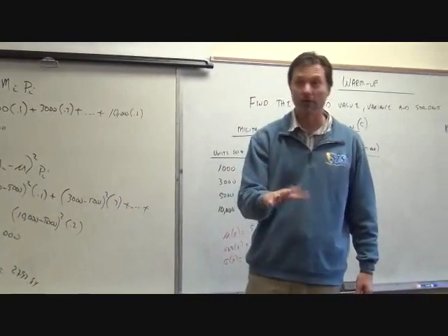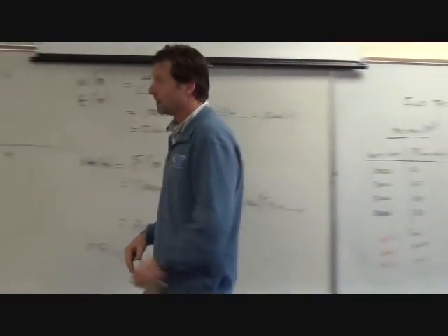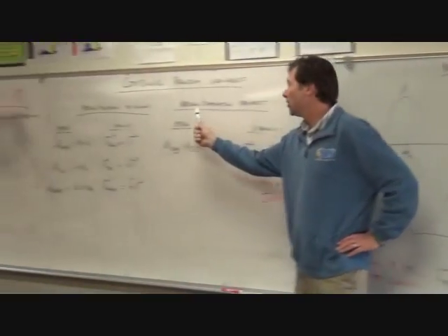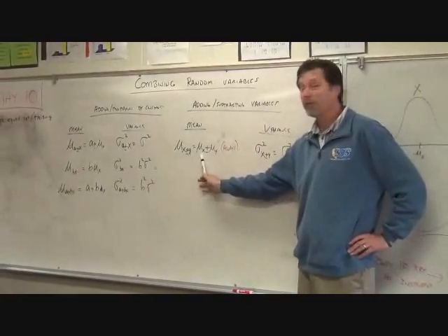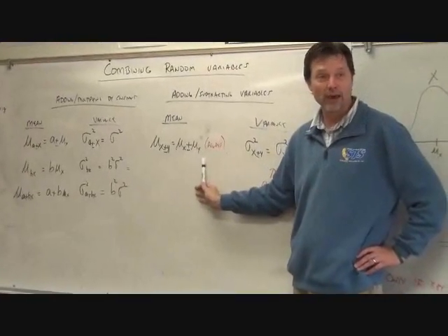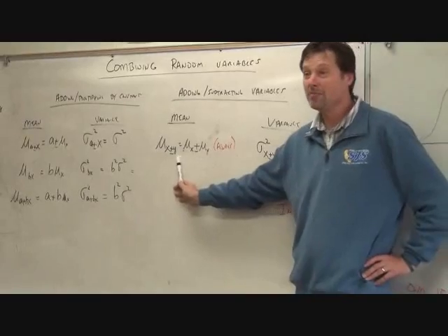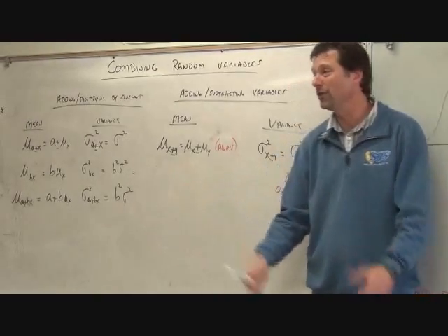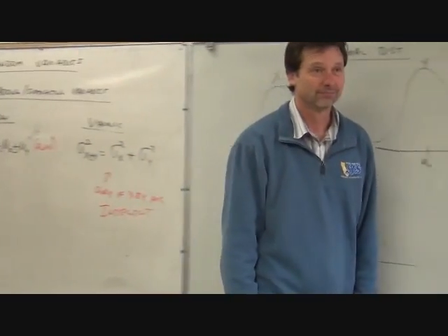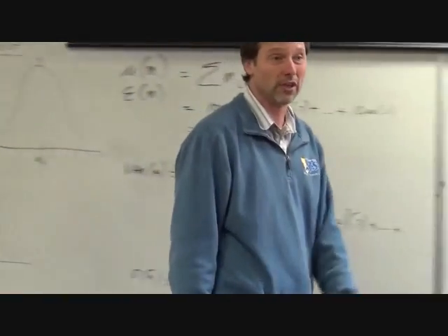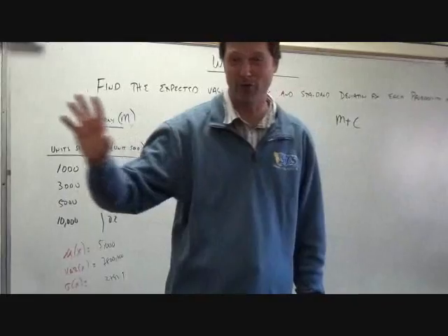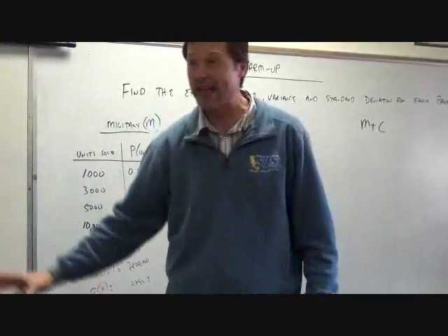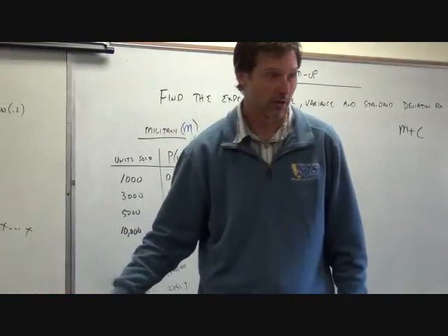However, there is a shortcut, and that's right here. Whenever you're adding or subtracting random variables, if you know the means of the individual random variables, to find the mean of the combined, all you have to do is add them together. Go back to 44 that you did last night, right? It would be a lot easier just to add up the 2.5 and the 4.5 to get to 7 than to create that new distribution chart.